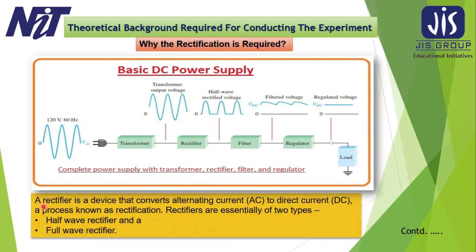A rectifier is a device that converts alternating current to direct current, a process known as rectification. Rectifiers are essentially of two types, half wave rectifier and full wave rectifier. So today we will only concentrate on the half wave rectifier.